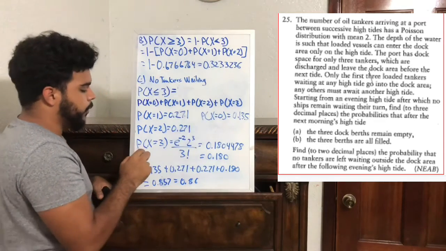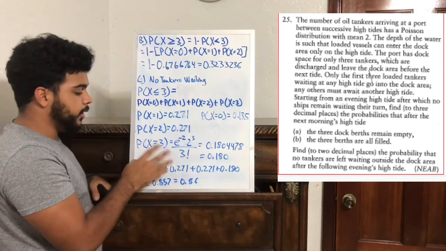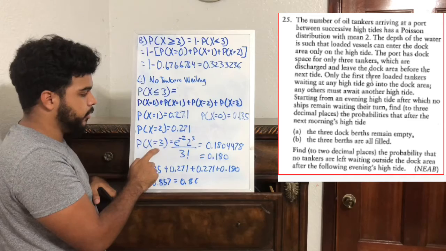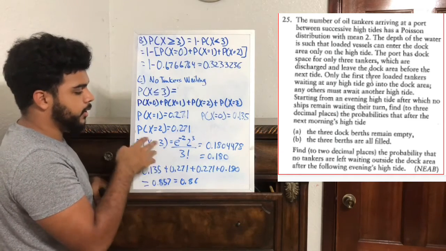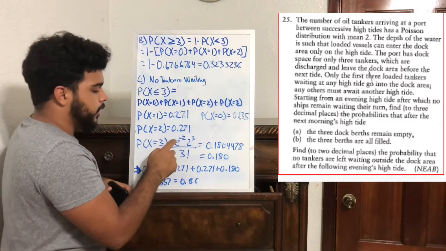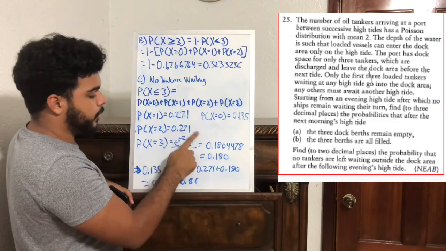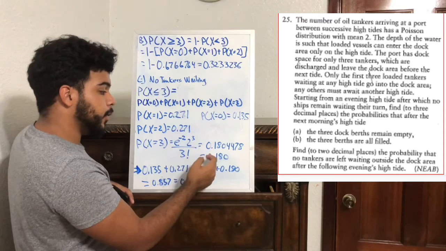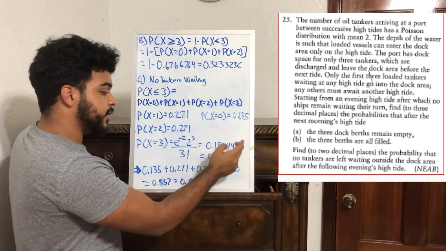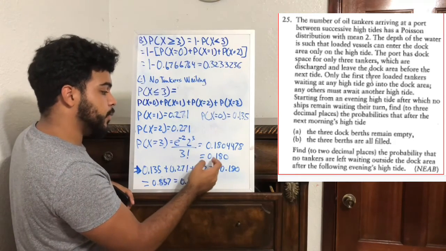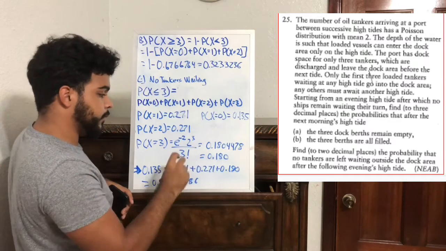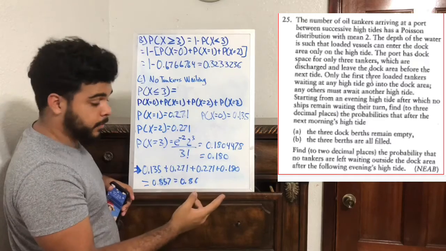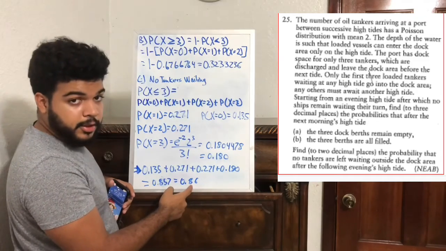What we didn't do is get the case with 3, so I did the working for it. It is e to the power of -2, times 2 to the power of 3, over 3 factorial, which equals 0.1804478, which is also 0.180. I did it to 3 decimal places. I forgot it was to 2 decimal places, but I did end up remembering in the end when I did the working.